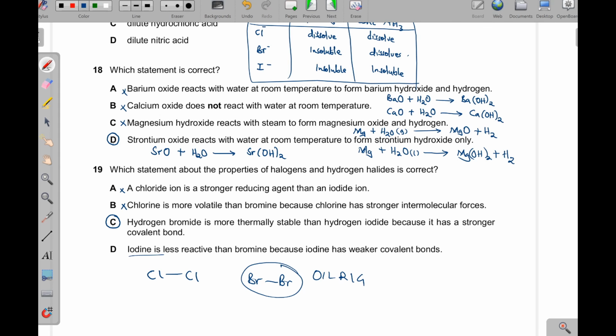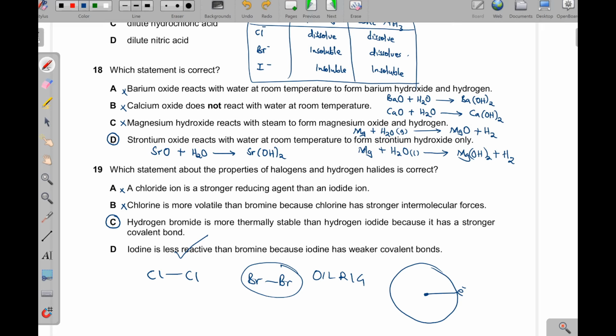But look at this: iodine is less reactive than bromine because iodine has weaker. This one is true, but this is not the reason. The reason is, the reactivity of iodine of group 7 elements is in gaining what?